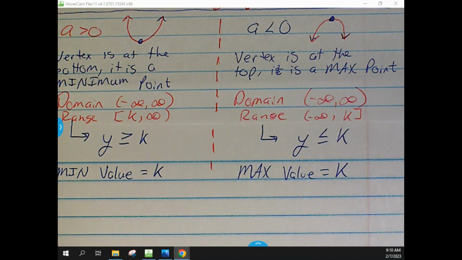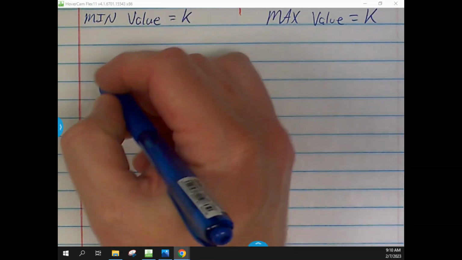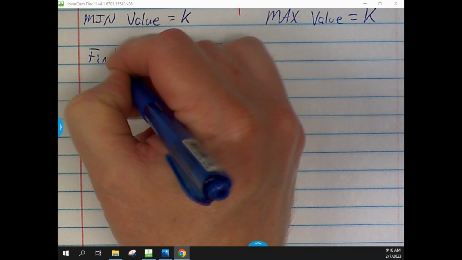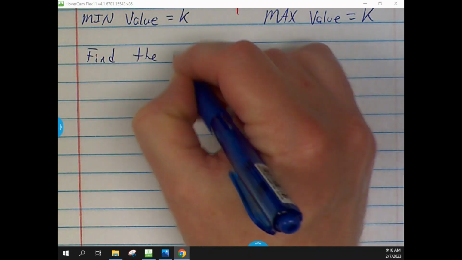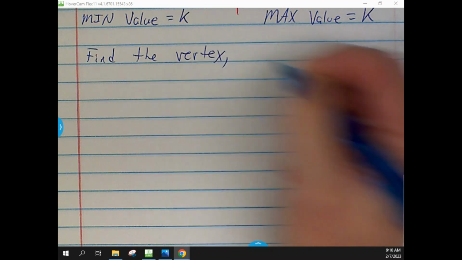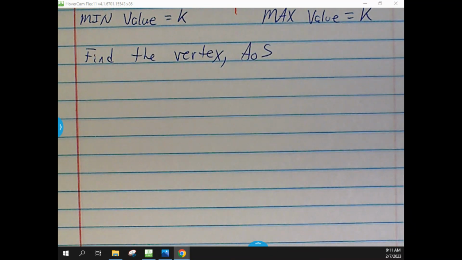All right. Here we go. Here's where we put it to practice. So we're going to do all these things we've done so far. We're going to find the vertex. Again, just for abbreviations, we're going to say AOS for axis of symmetry.